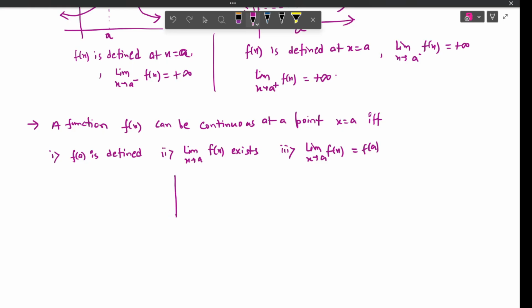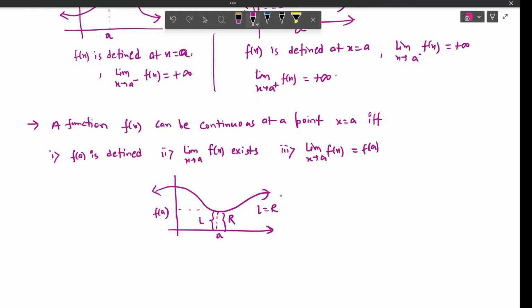So now let us say our graph is this. Here we have the value of the function at x equals a is f of a, and the left hand limit L equals the right hand limit R, right?